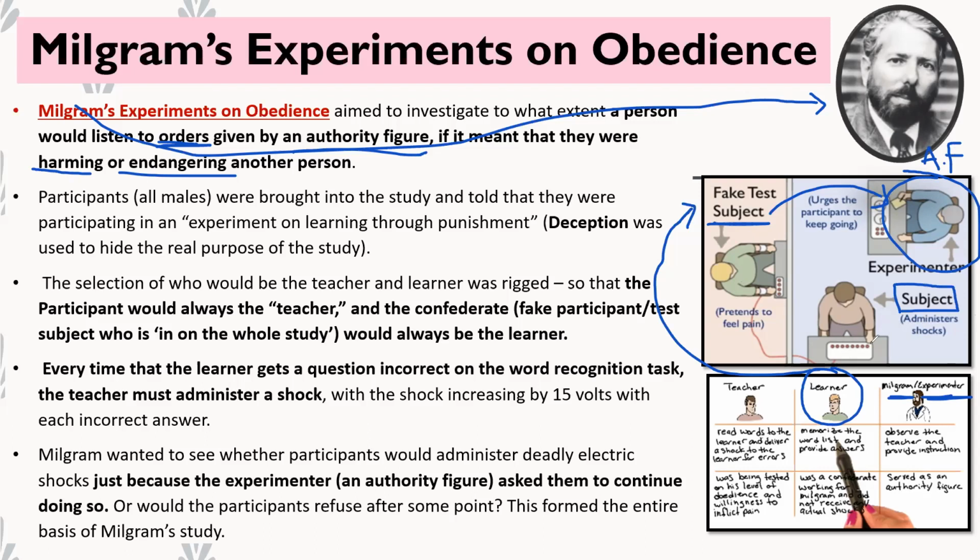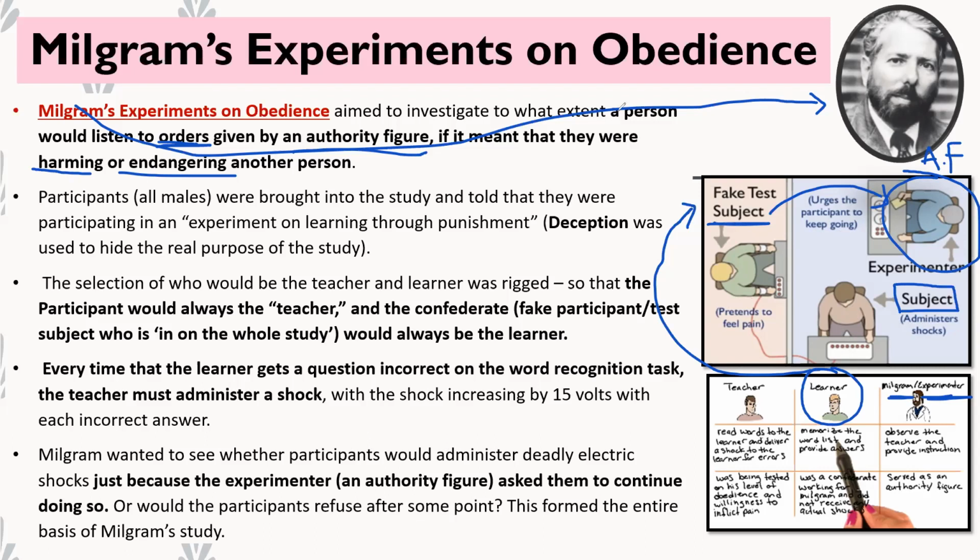He is delivering the electric shocks every time the learner gets a question wrong. Milgram and the learner planned together that after a certain point, the learner will get many questions wrong in order for the teacher to feel pressured to give the shocks. That was the basic gist of the experiment.